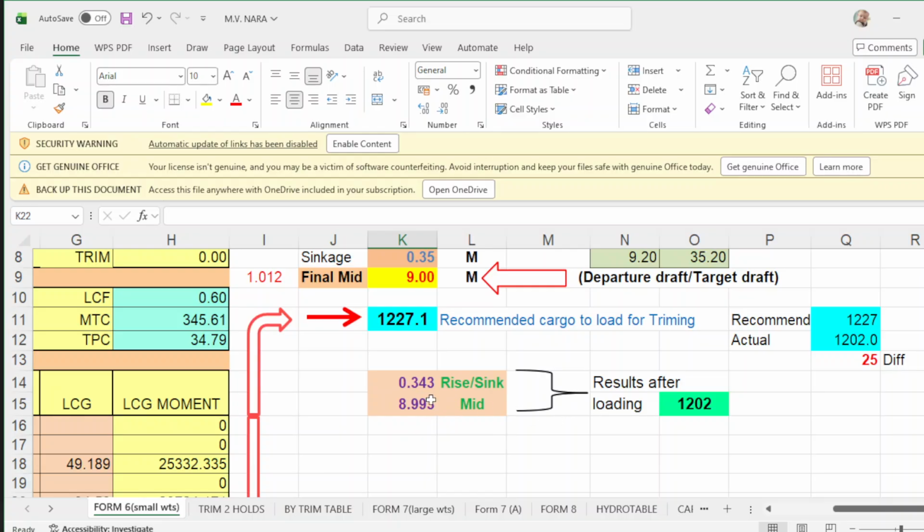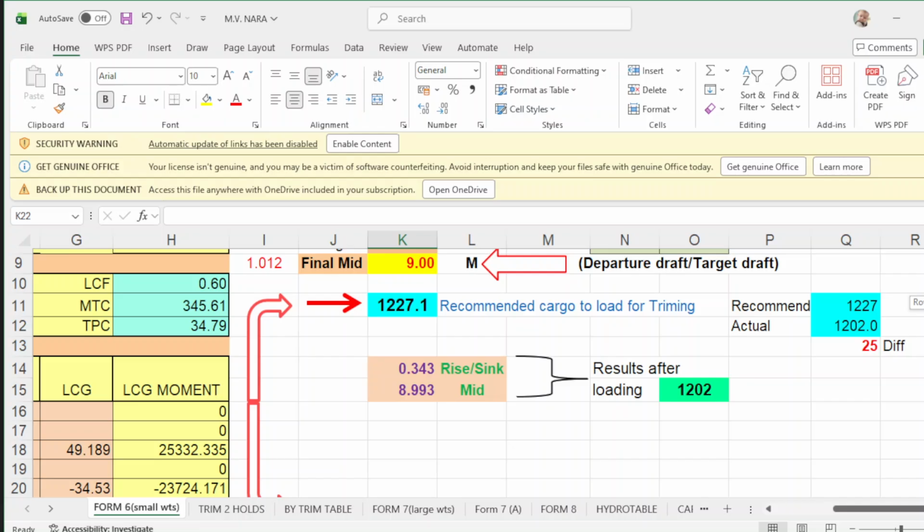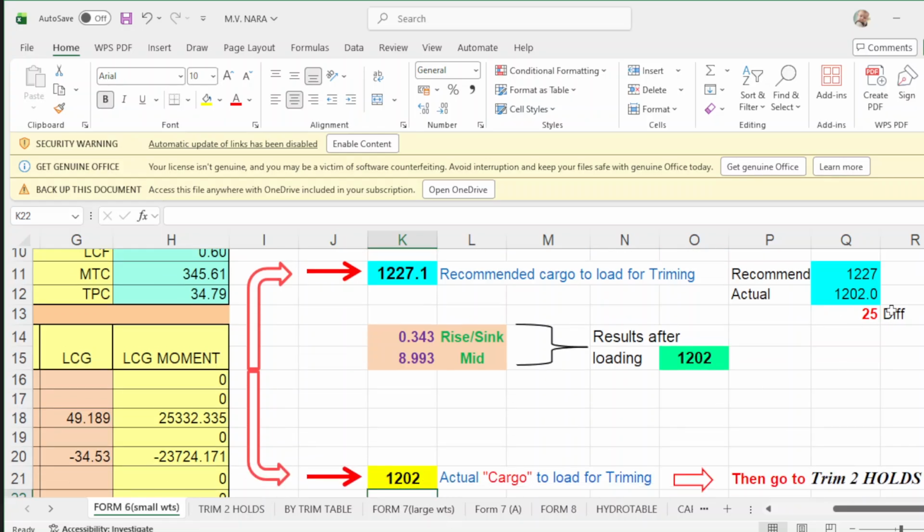8.993, and your sinkage will also be less, which is 0.343, which is less than 0.35. Take note that your recommended cargo was 1227, but if you load 1202, you will have a shortage of 25 metric tons. Okay?